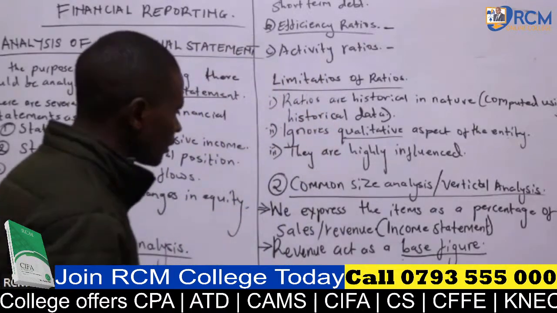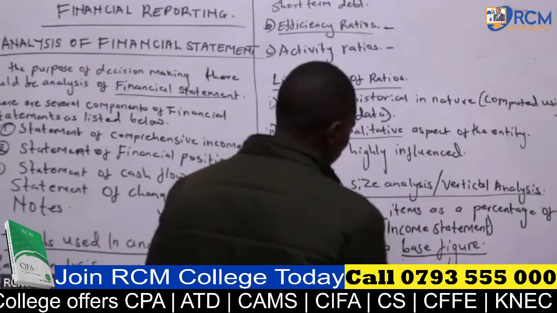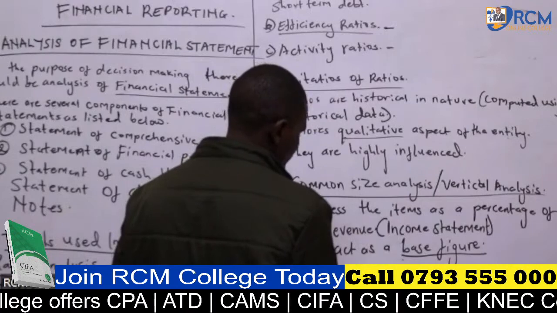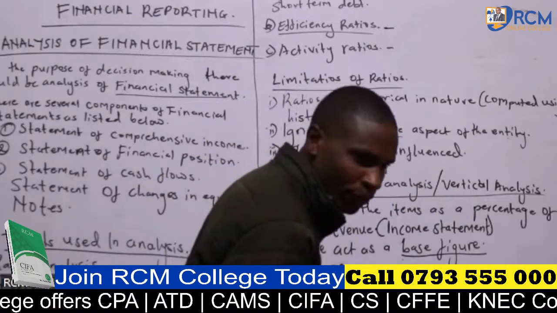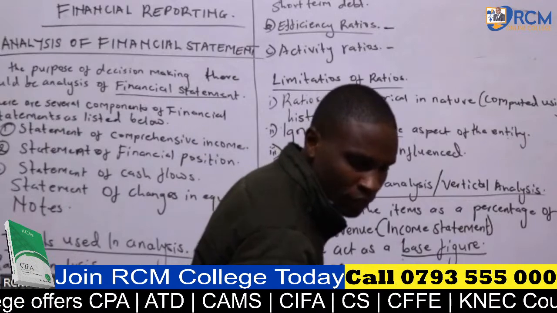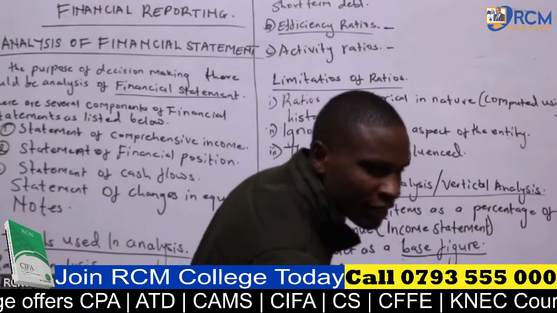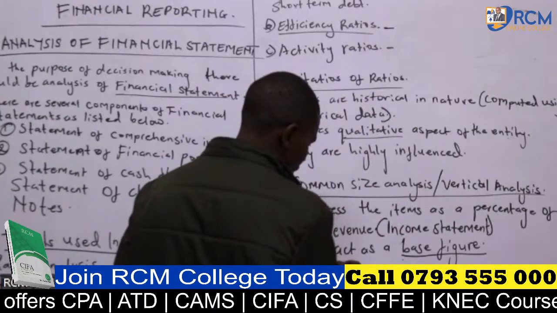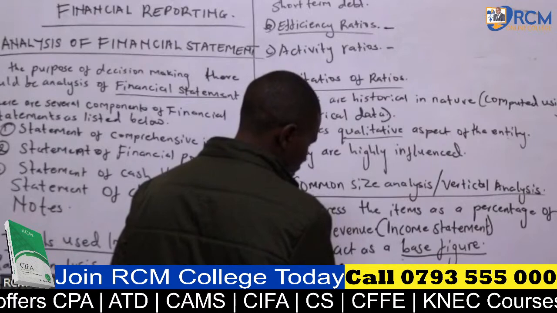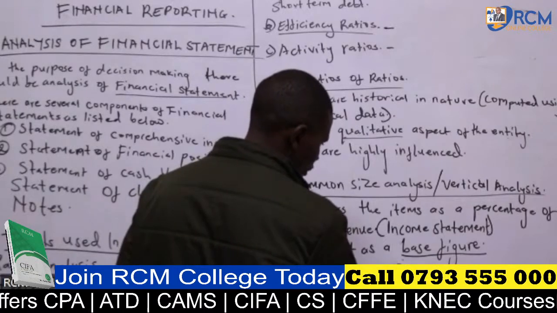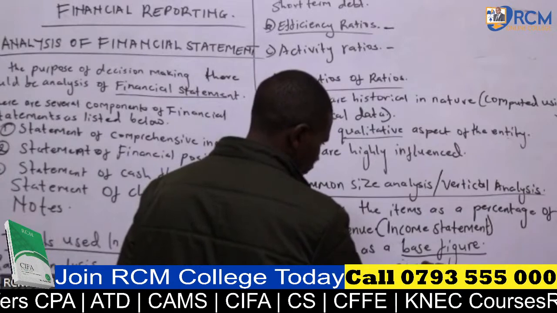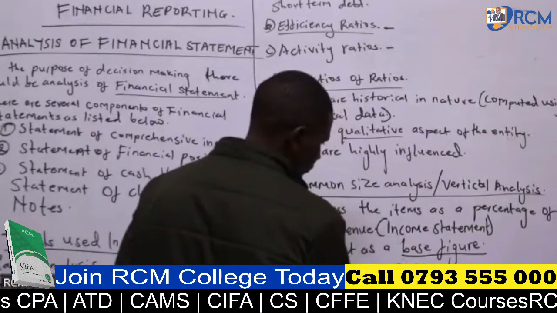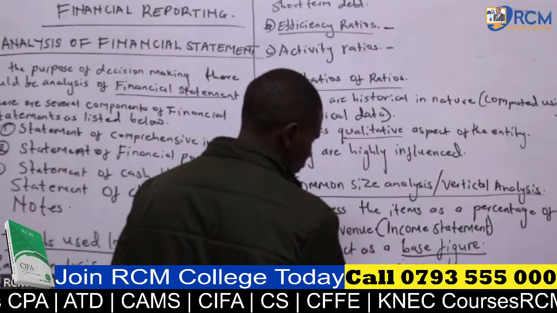For example, let me now show you how we shall be doing this. This is Morris Limited, the company Morris, 2021 financial year and 2020.